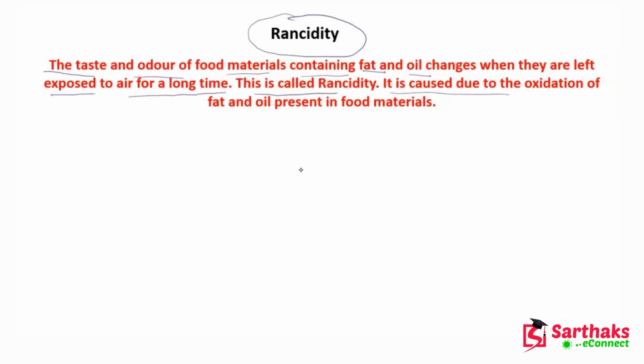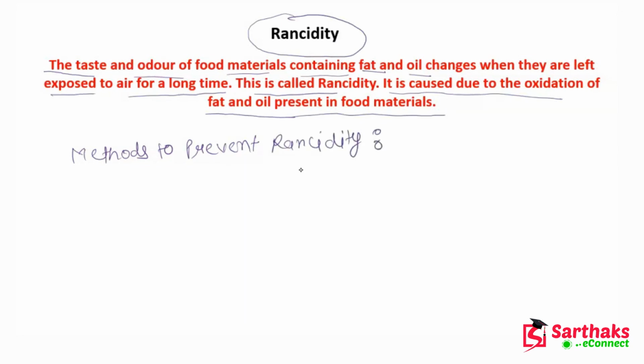It is caused due to the oxidation of fat and oil present in food materials. Now guys, here we also have to see some methods to prevent rancidity. Methods to prevent rancidity.